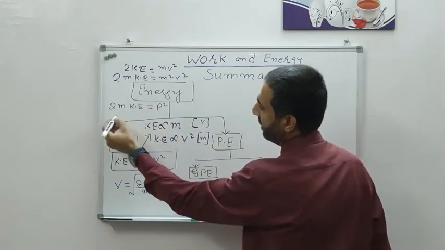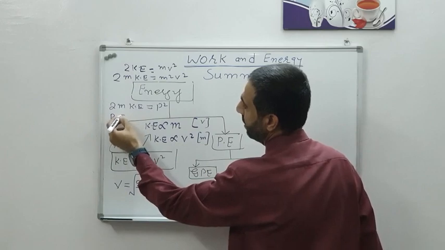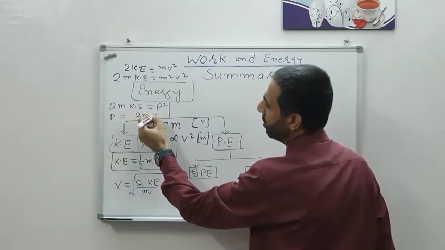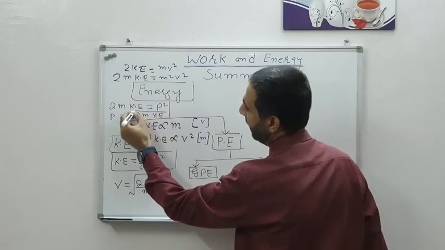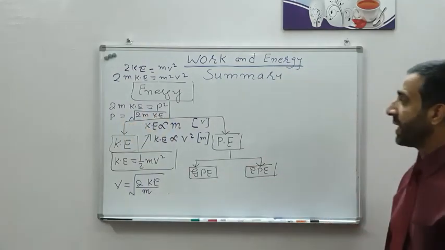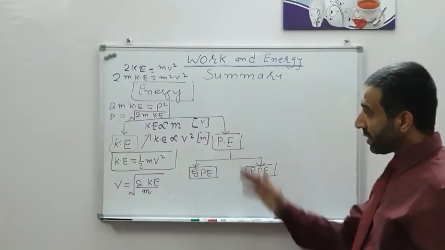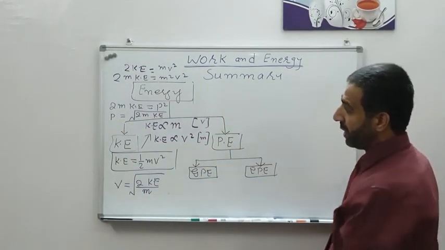So another interesting relationship: momentum is equal to the square root of the product of twice the mass of the body and the kinetic energy possessed by the body. This will work well in your MCQ.